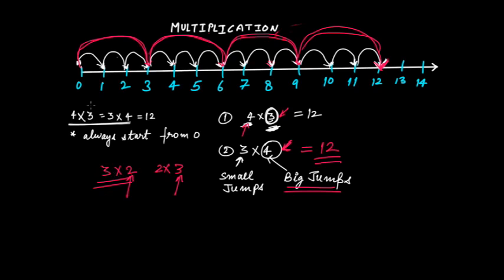So if I draw this, 1, 2, 3, and therefore one big jump is up to here, right? Then again one more, 1, 2, and 3, and this is the final big jump in the case of 3 multiplied by 2, right? And the answer you got is 6. So I hope that makes some sense to you.